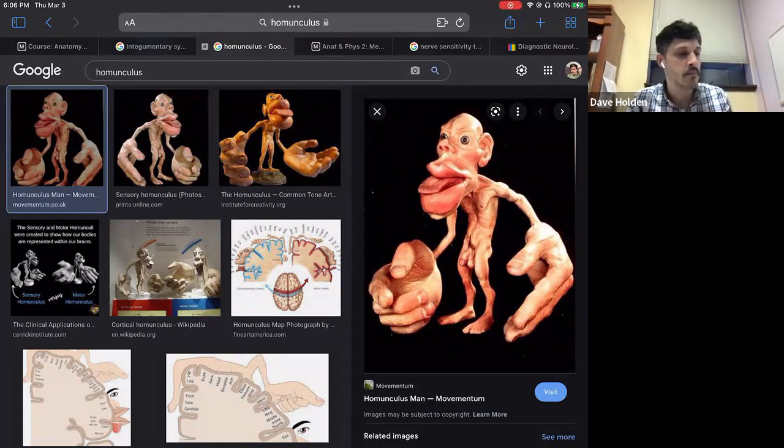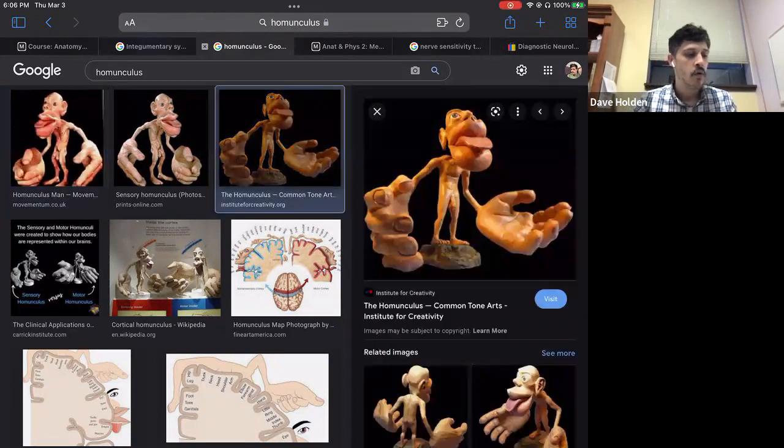So when we look at this homunculus, what's the purpose? What are we really seeing here? Humans are most sensitive, meaning we have more sensory nerve endings in our lips, hands, feet, and genitals. We are less sensitive, and thereby have fewer sensory nerve endings, in all of the other parts of our body.